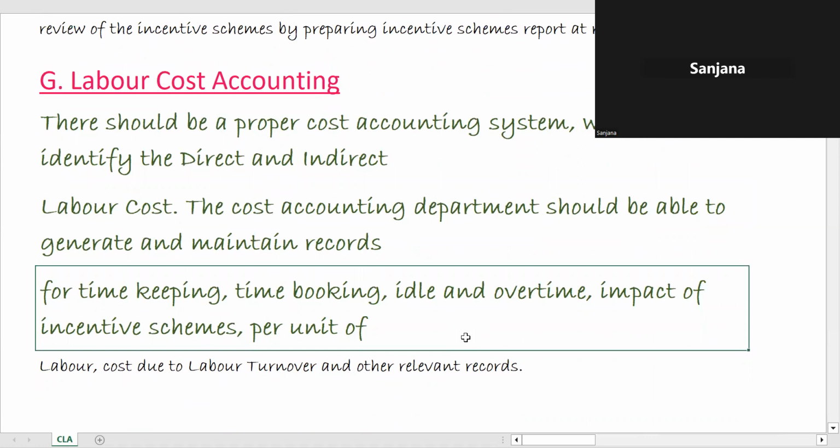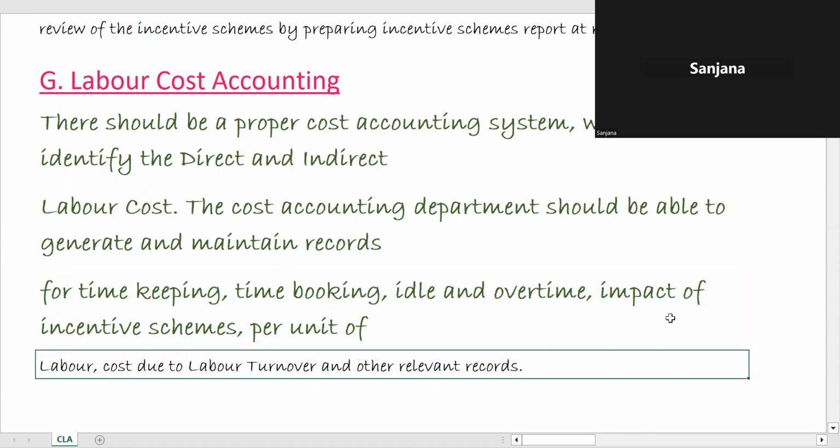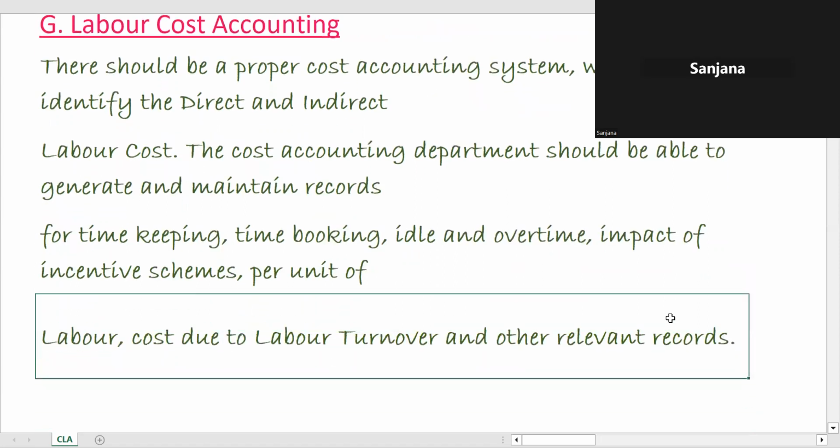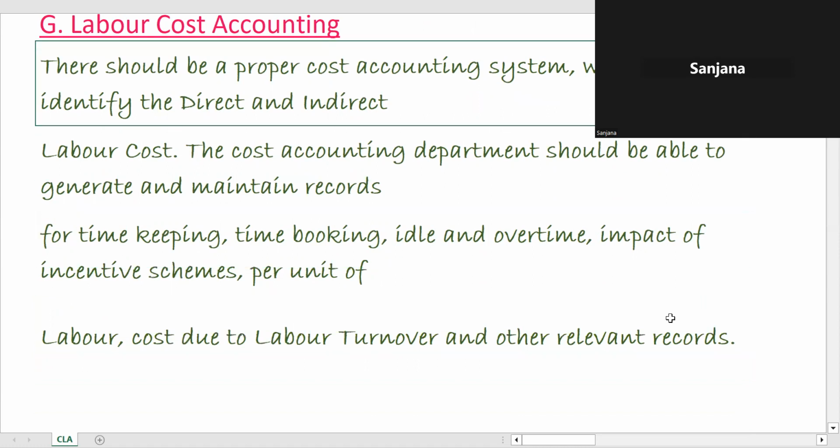They maintain records of timekeeping and time booking, which the timekeeping department maintains. The cost accounting department will also keep a copy, which they get from timekeeping. Idle time, overtime, the impact of incentive schemes, and the cost of labor turnover: if people are leaving, what is the extra cost the organization has to bear by training new people, and new people will be slow initially.